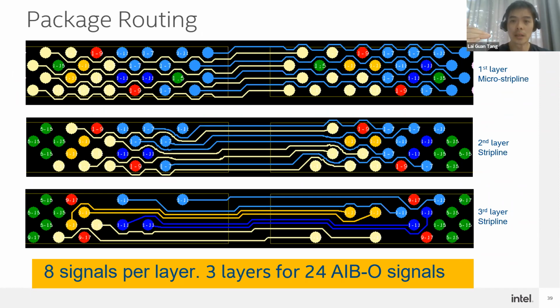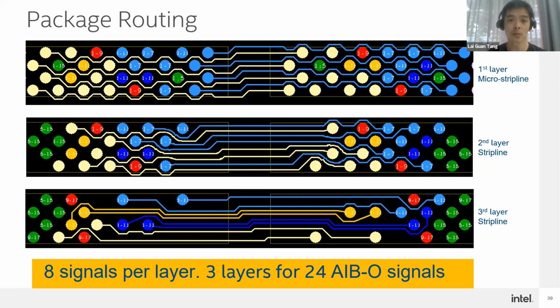We basically use microstrip lines and two stripline layers to do the routing. All this is possible through a standard 9/12 line spacing of the packaging rules, and we managed to do that with 3 layers.